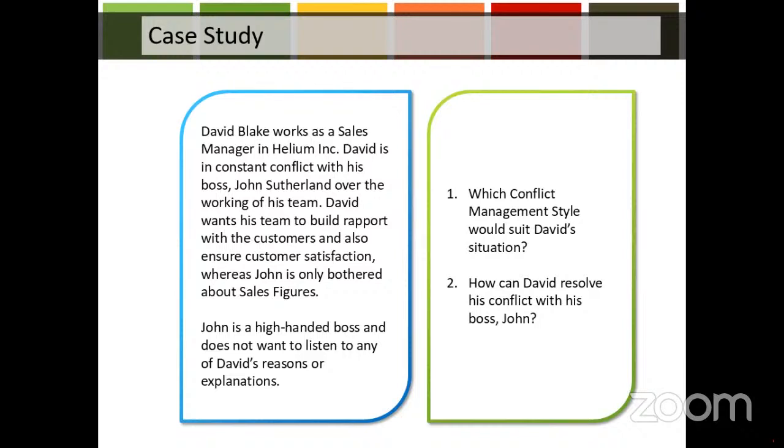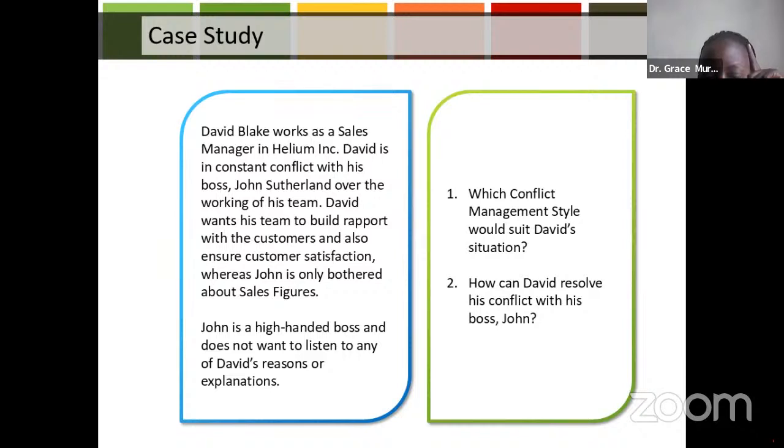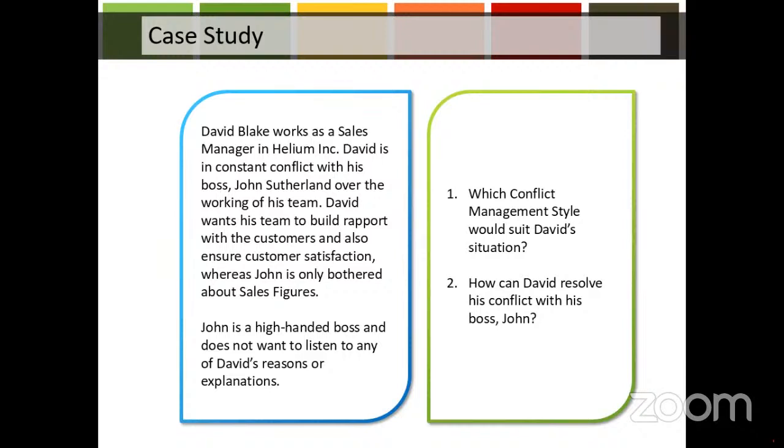I think collaborative. Why? Because the boss, John, wants our sales to go up, and David wants to build relationships. So it's a compromise. Is it compromise or collaboration?